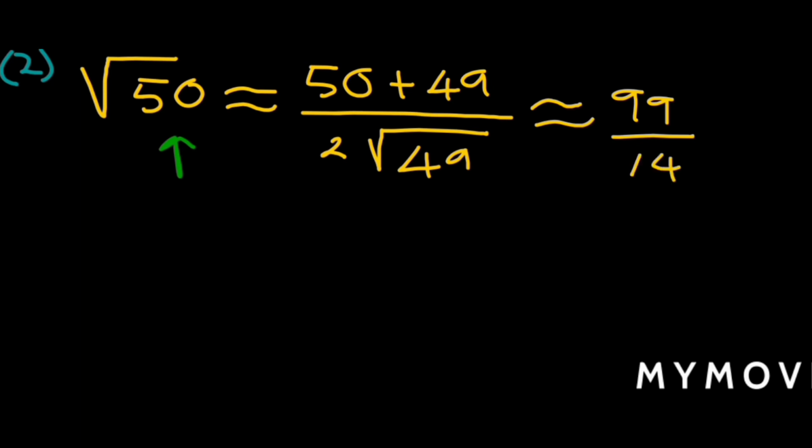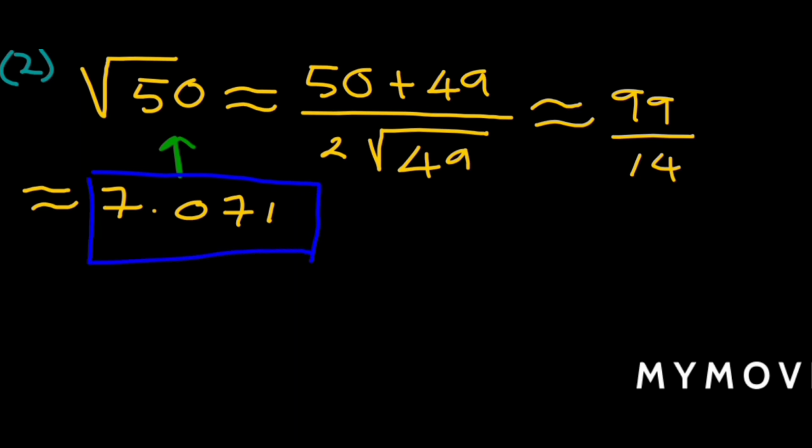This is approximately equal to 99 over the square root of 49, which is 7, times 2 is 14. So 99 divided by 14 is approximately equal to 7.071. So that's our answer, the approximate value of the square root of 50.